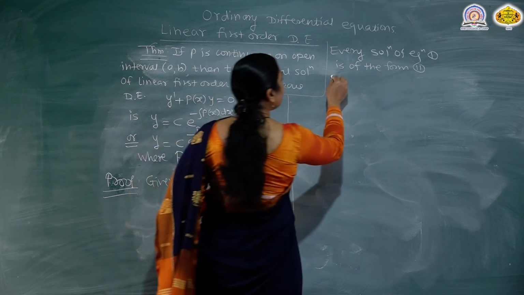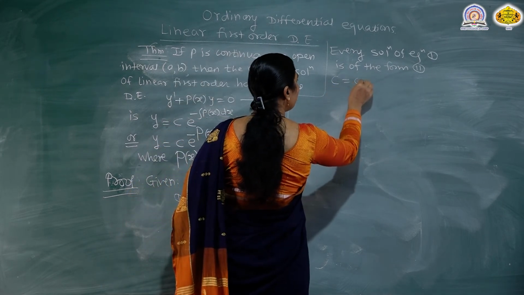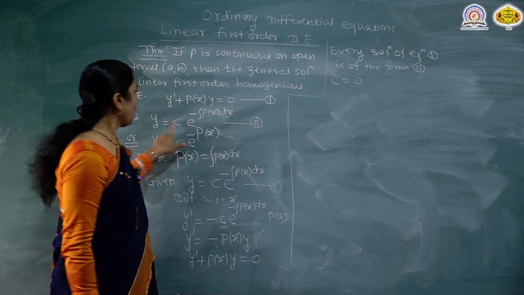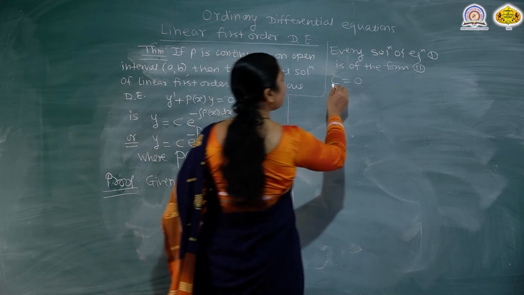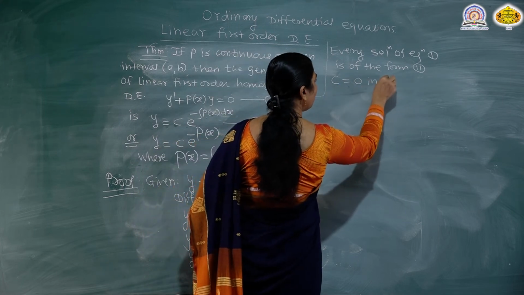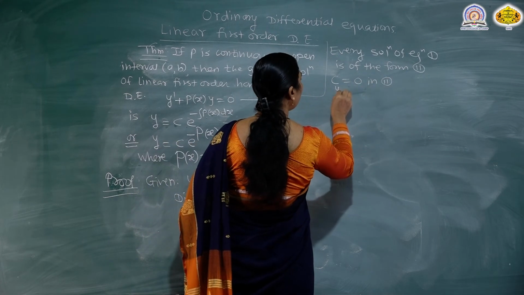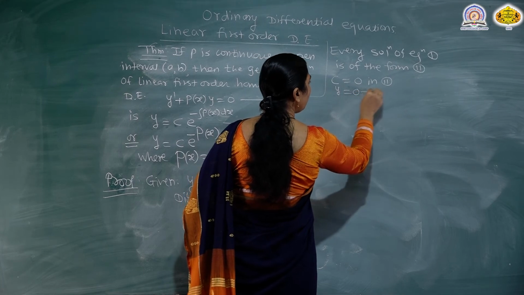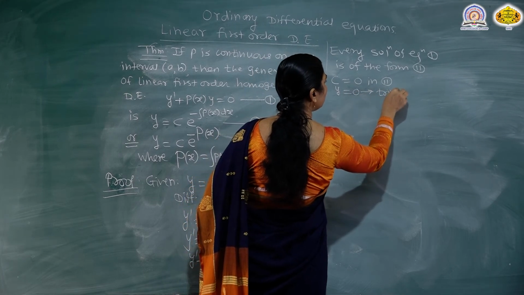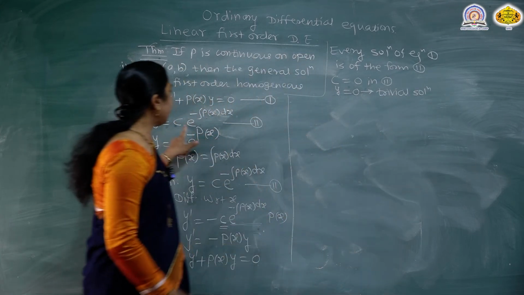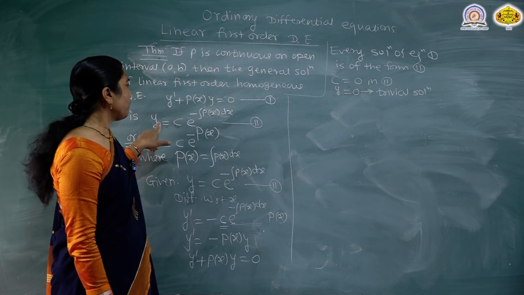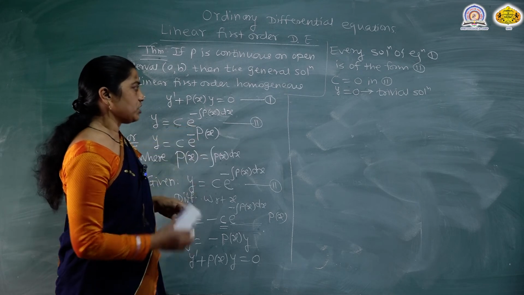So if you take c is equal to 0 in this equation, y is equal to c e raised to minus integral px. If you put c is equal to 0 in 2, then we have y is equal to 0, which is nothing but trivial solution. So setting c is equal to 0, we get the trivial solution of this equation.